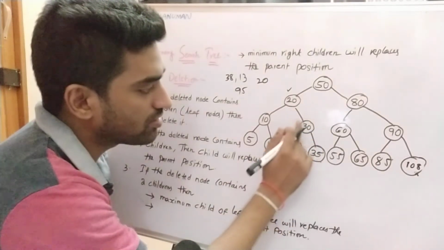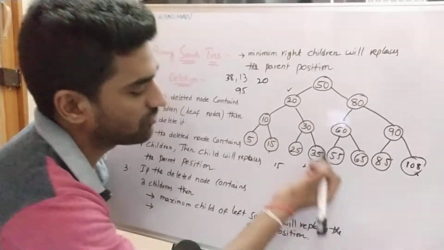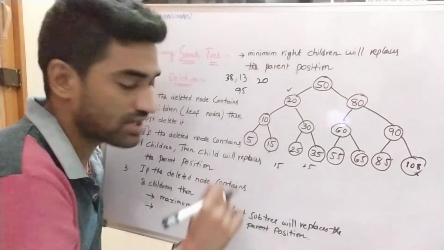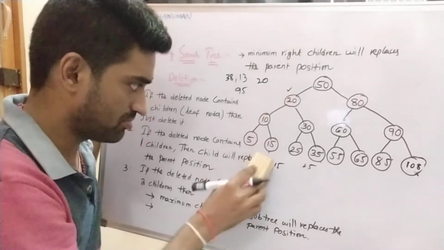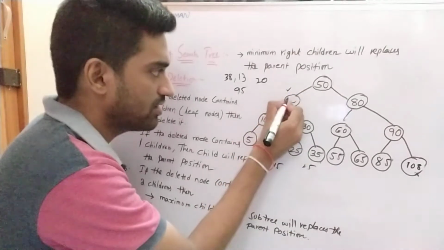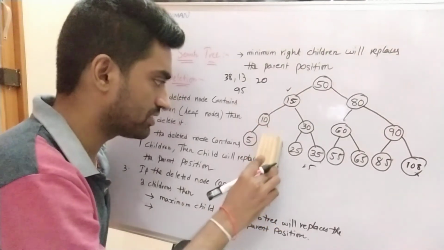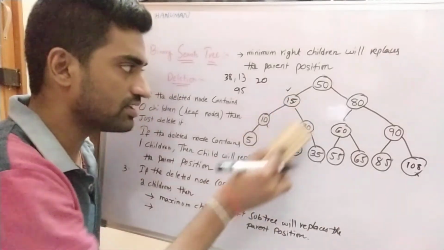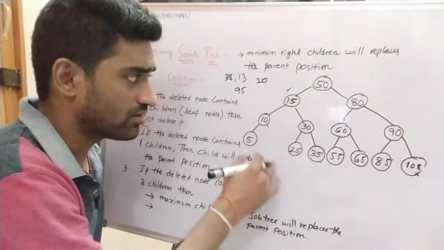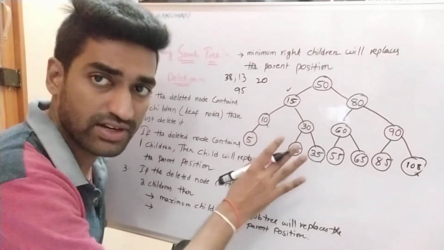What is the minimum value of the right subtree? 25. So either 20 is replaced by 15 or 25. Suppose I want to replace 20 by 15. So 20 is replaced by 15, then delete 15. Now the newly generated tree also satisfies the binary search tree property. For each and every deletion, we need to check whether the tree satisfies the binary search tree property or not. That is a very important thing.